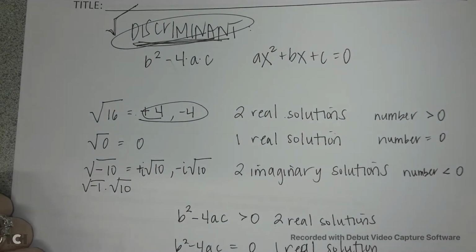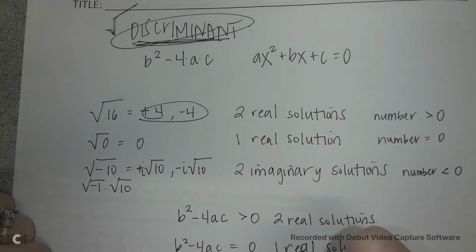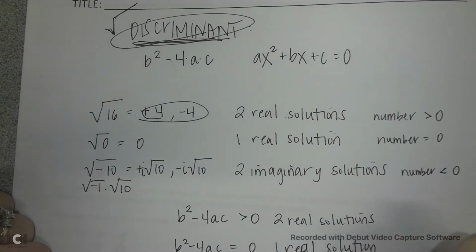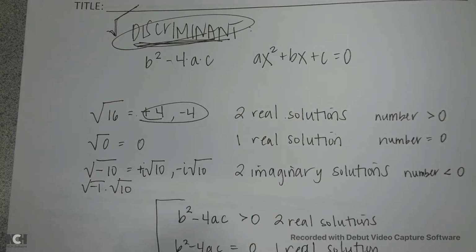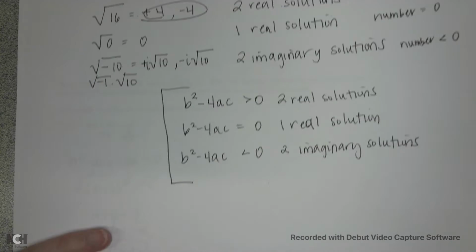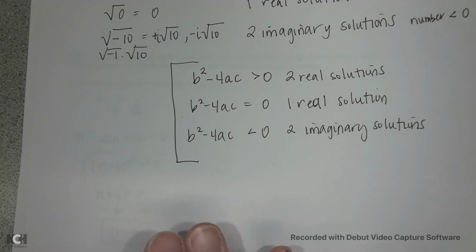And if we figure out that b squared minus 4ac is less than 0, we have two imaginary solutions. Okay, so today you need to figure out what the value of b squared minus 4ac is, and then you need to figure out how many solutions it has. Again, it's underneath a radical, and we'll talk more about it tomorrow.